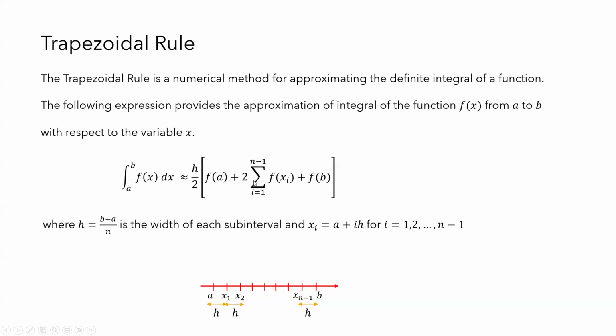The value of the integral is given by 2 times the sum of f of xi, where the summation is performed from i equal to 1 to n minus 1.